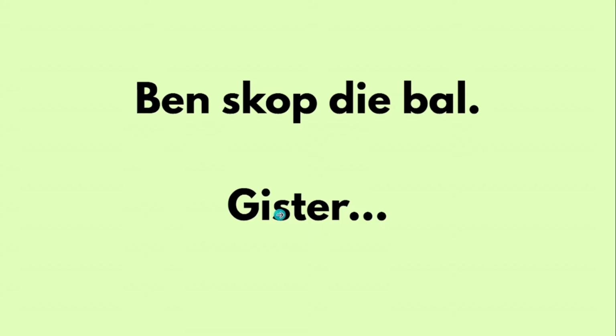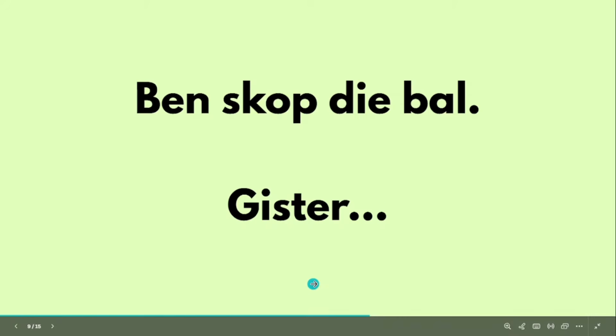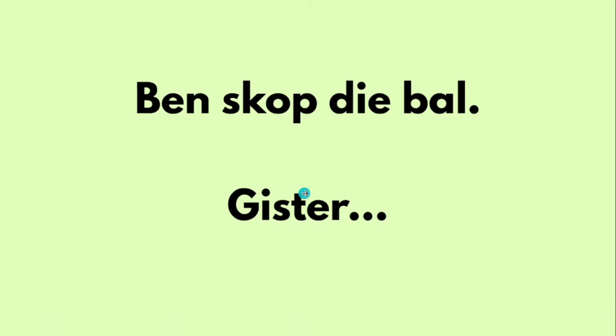Okay, so gister is an example of time. So if you're going to take time and put it in the first part of the sentence, it replaces Ben's position. So basically what you need to do now is that you have to swap gister and Ben.